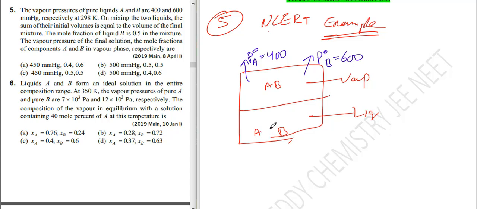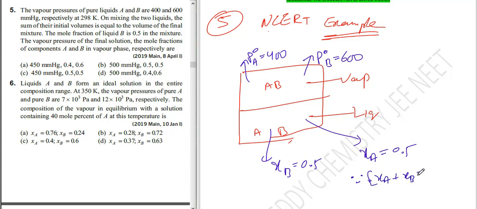That means here XB is given 0.5. So I am writing XA also 0.5, since XA plus XB equals 1. Next, the vapor pressure of the final solution, that means P total, and the mole fractions of components A and B in vapor, that means YA and YB, these three things we have to calculate.